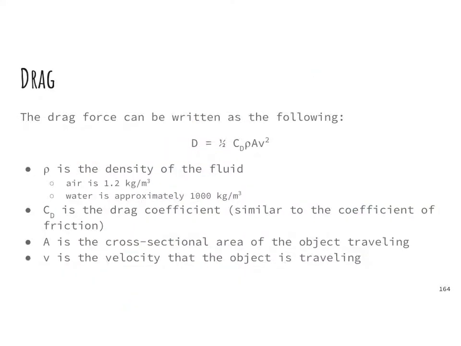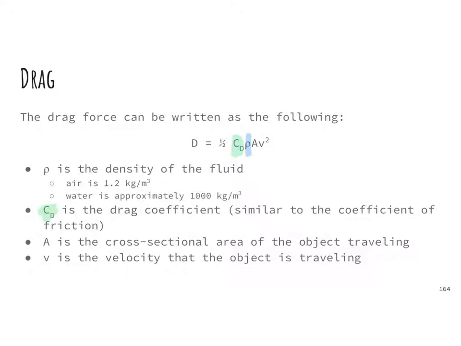So the drag force does have a very nice formula, but it's a little tricky. There's this one half factor, and there's this drag coefficient. We had a coefficient before when we talked about friction, and the drag coefficient is exactly the same idea as the coefficient of friction, where it just depends on what the object is. Then we have this factor of rho.